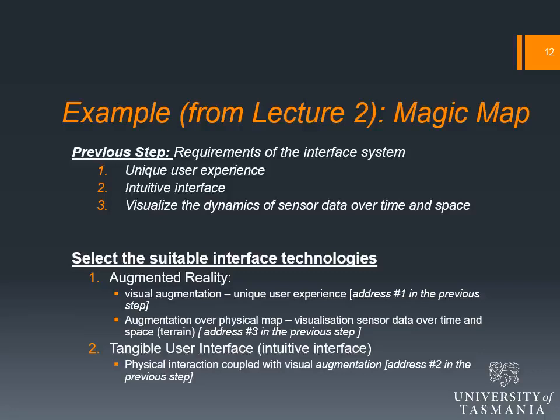This offers physical interaction, coupled with the visual augmentation in the previous solution. So that addresses number 2, giving them a sense of an intuitive display, instead of having to learn a manual, they're just moving some blocks around. That is what we set out to do as far as the design step for that application.